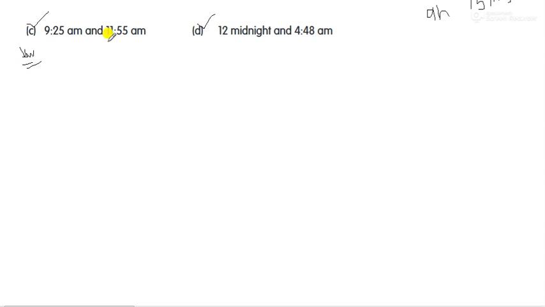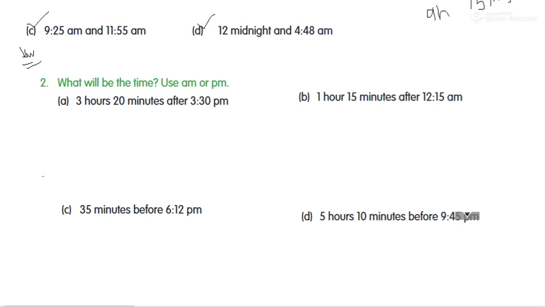So here in the D bit it's 12 midnight. Midnight means it's in the AM. So 12 AM to 4:40 AM. So here what will be the time? Use AM or PM. Here we have 3 hours 20 minutes.